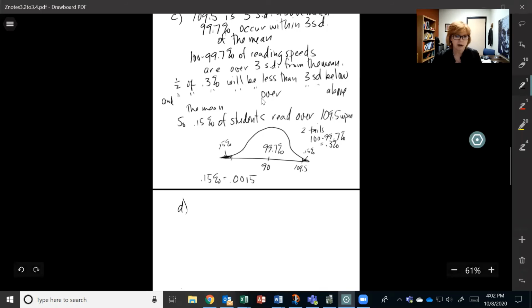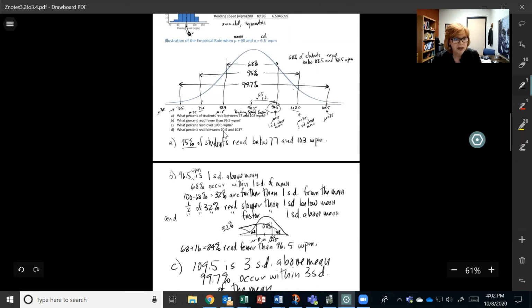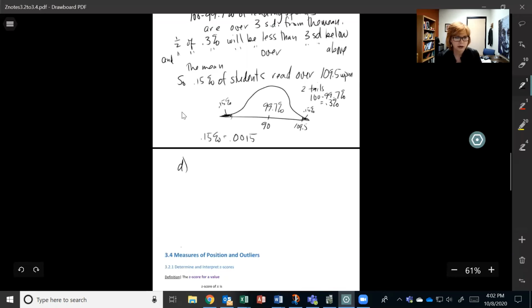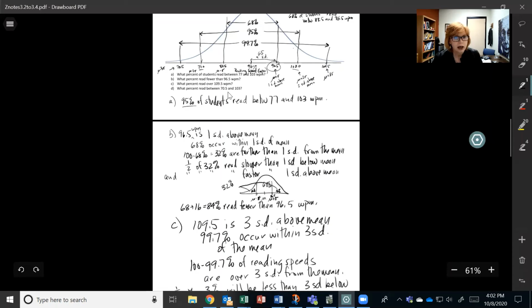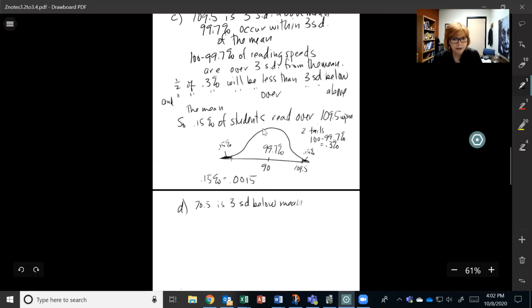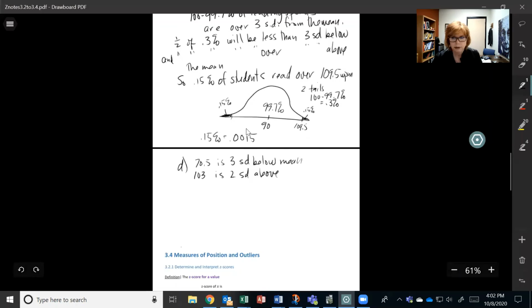All right, so D is asking about between 70.5, which is 3 below, we want between that and 103, which is 2 above. All right, so just like here, this is the 70.5.